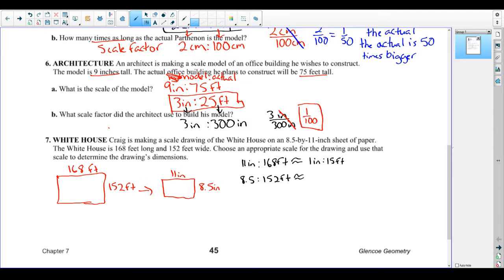You get about 17.88. So let's say 1 inch is about 18 feet. I'm going to use one of these two scales. Actually, let's try both these scales. Why not?